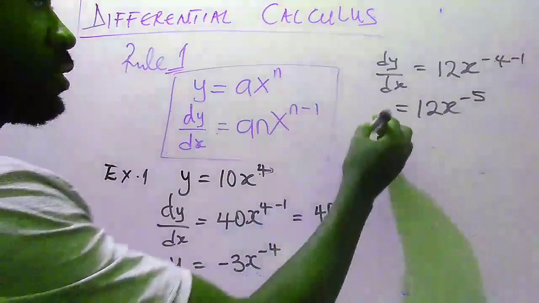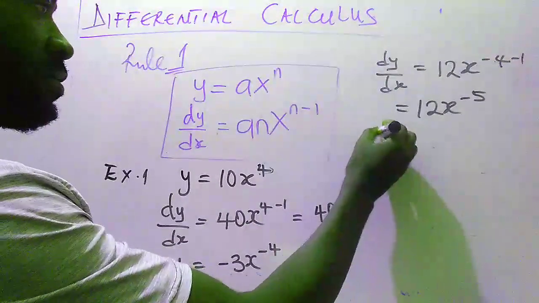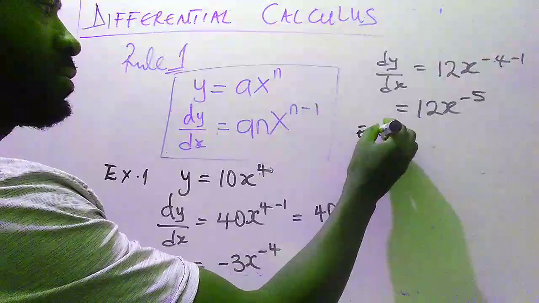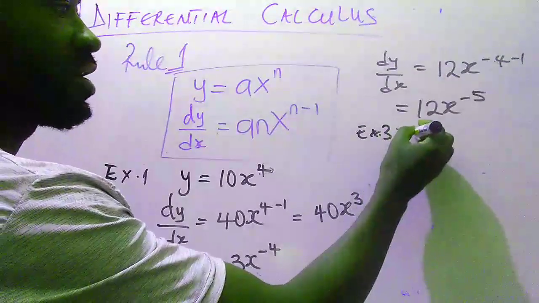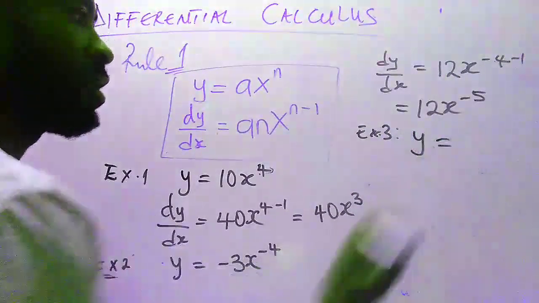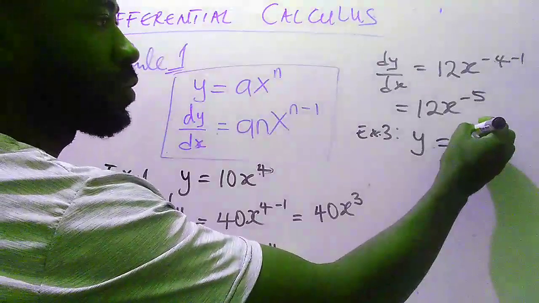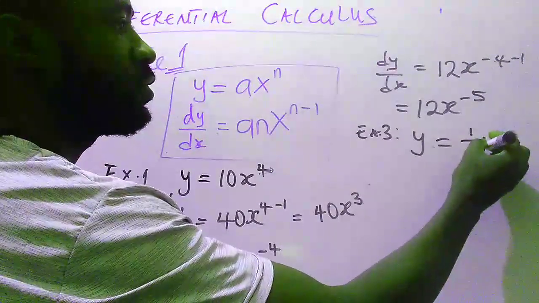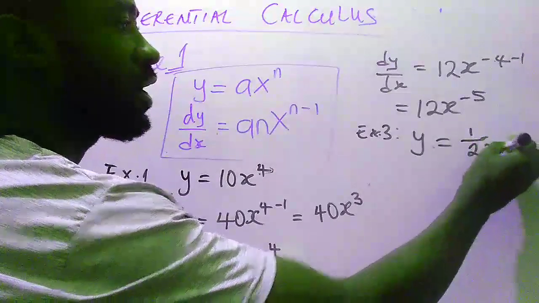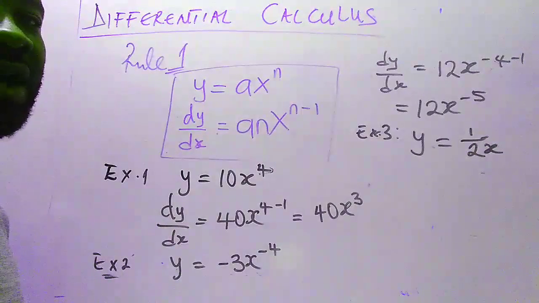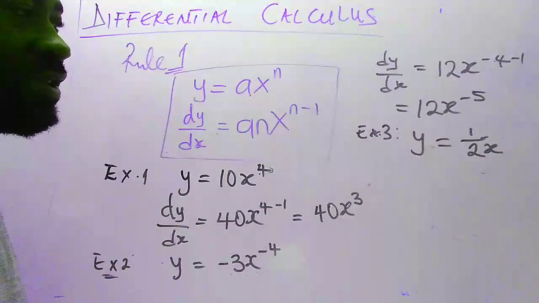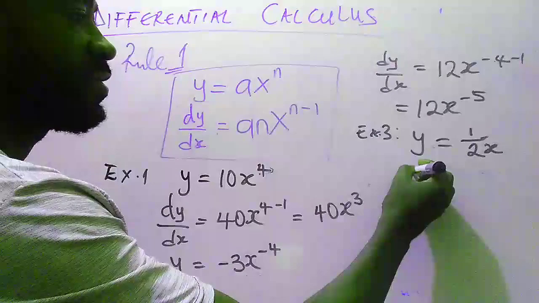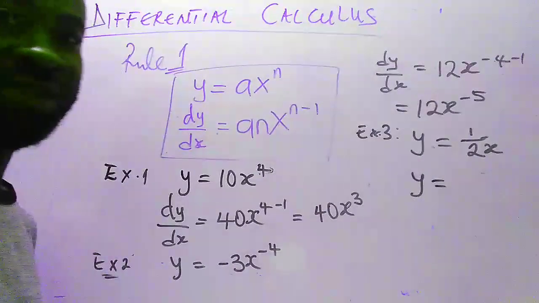Now let's solve one more, example 3. Let's assume you're given y equals 1 over 2x, and you're asked to differentiate this. First of all, this is where your knowledge of indices is very important.